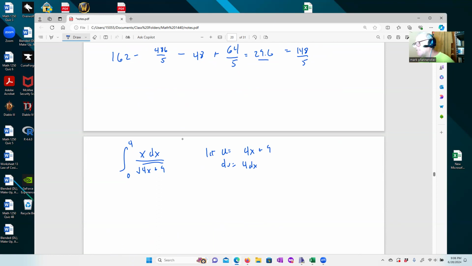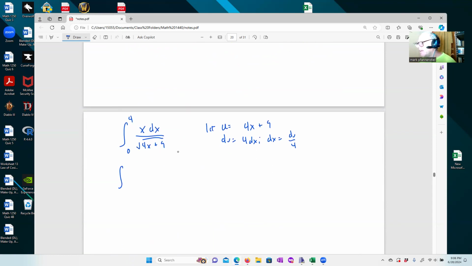Well, that doesn't solve all of my problems, because if I say dx equals du over 4 and back substitute, I'm still going to be sitting here with an x. Okay, let's go ahead and do that. We're not going to change the limits of integration yet. We have x, and what was my dx? It was du over 4 divided by the square root of u.